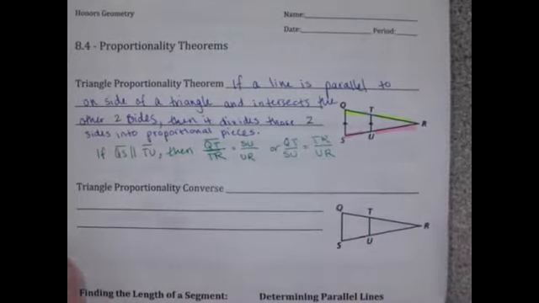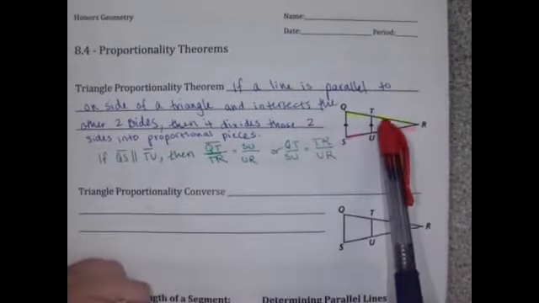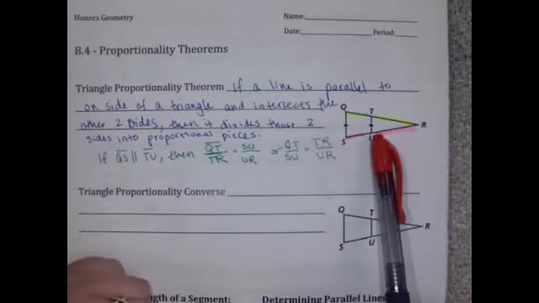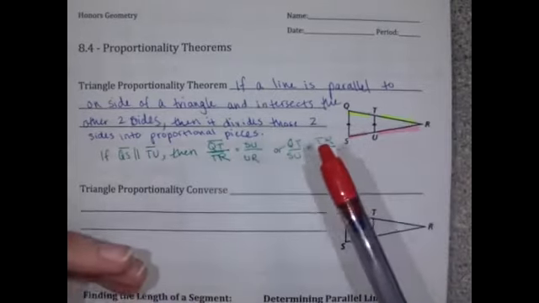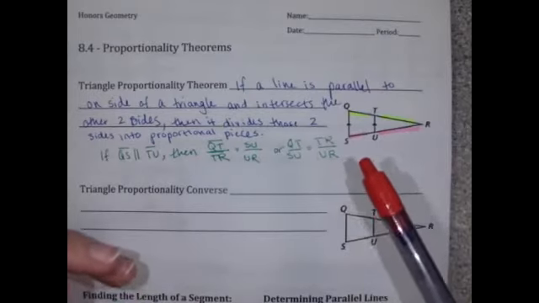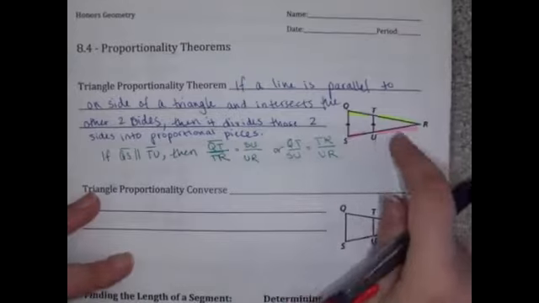Now the converse of that is the converse of the theorem. The theorem says if that line is parallel to this, then those sides are proportional. The converse proves that it's parallel.